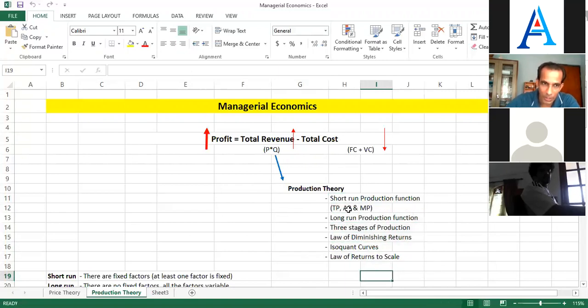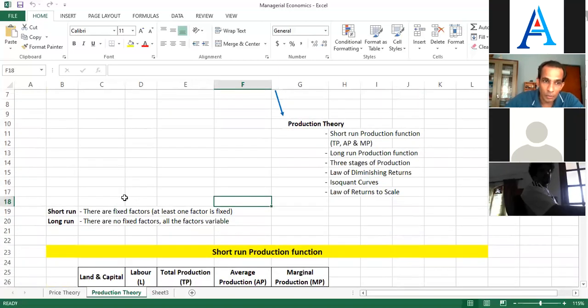When we analyze production and cost of production, the time period is also very important, because in economics we talk about two time periods, short run and long run.